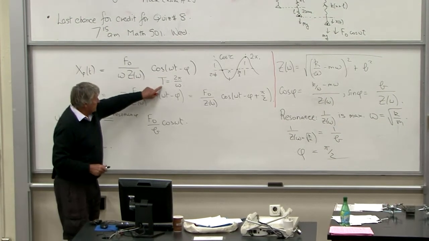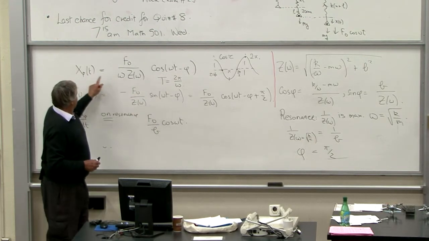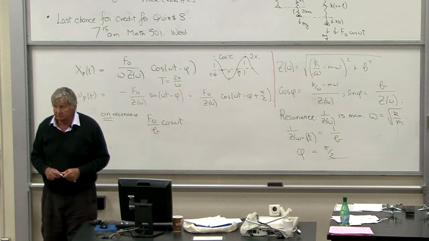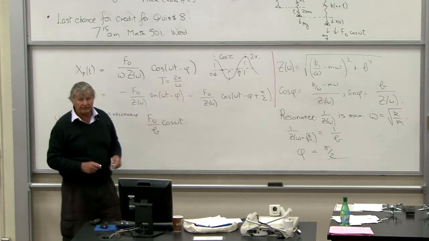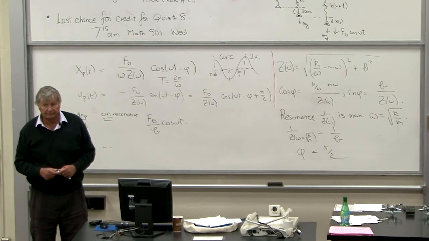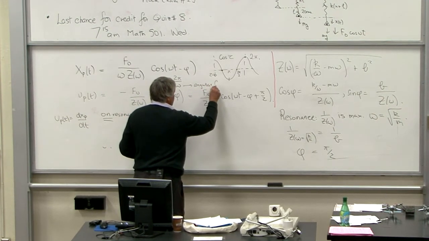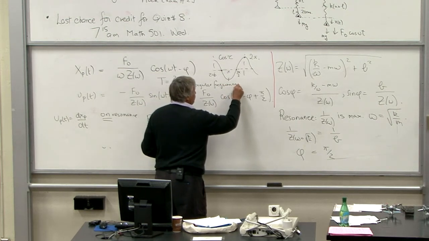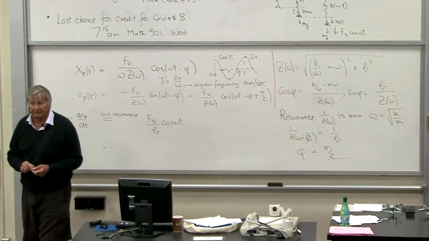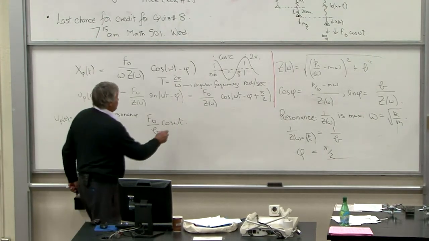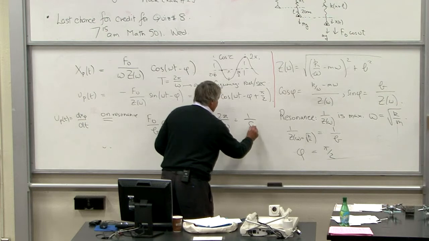So we call T the period. It's the smallest value of T where this function repeats itself. That's the period. This is called the angular frequency. It's measured in radians per second. But sometimes we like to say this is 1 over f.